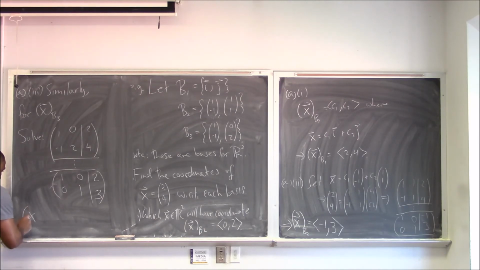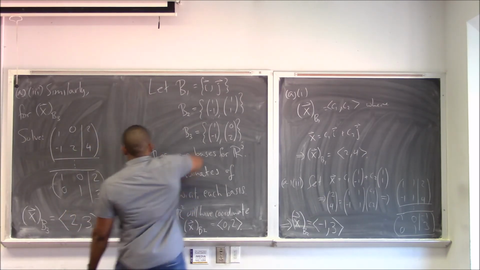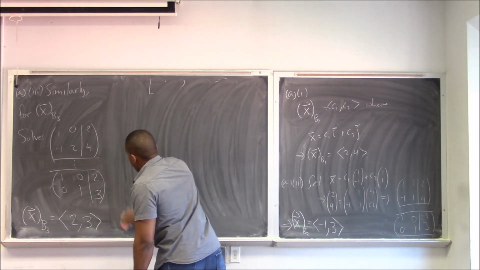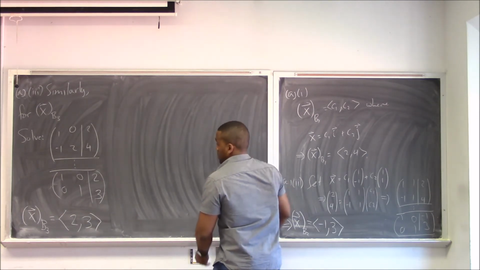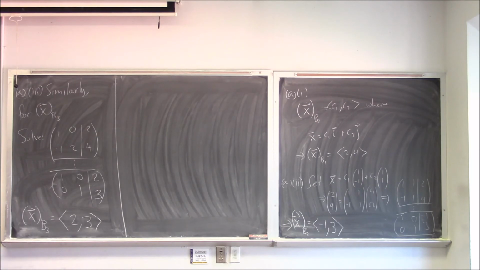So x with respect to the third basis is the location (2, 3). In other words, the vector (2, 4) is 2 times this vector plus 3 times that.